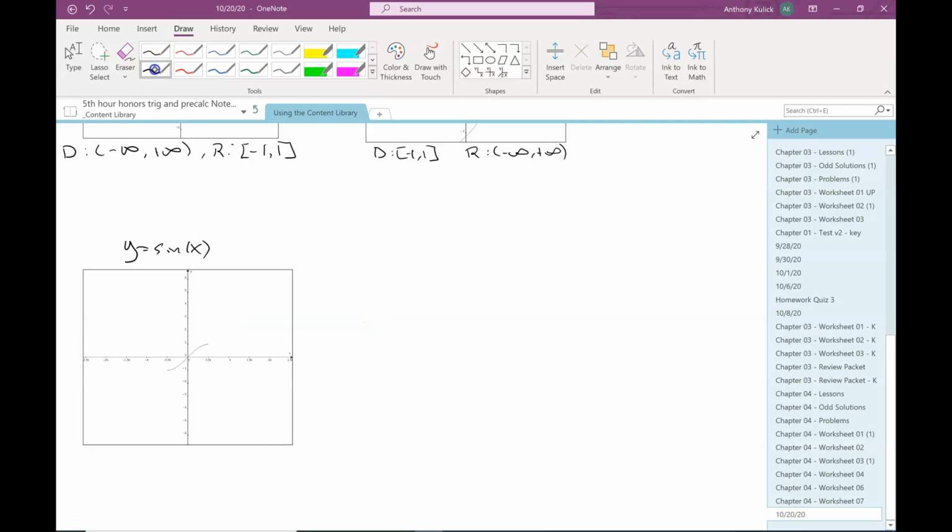And our domain is now -π/2 to +π/2. And our range is still -1 to +1.